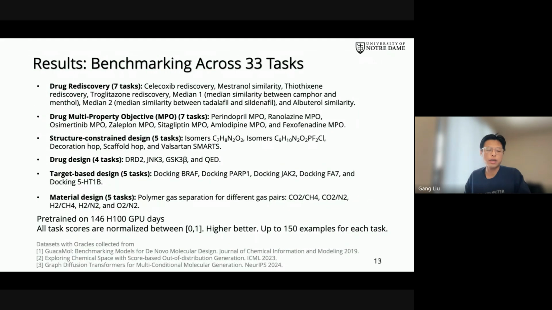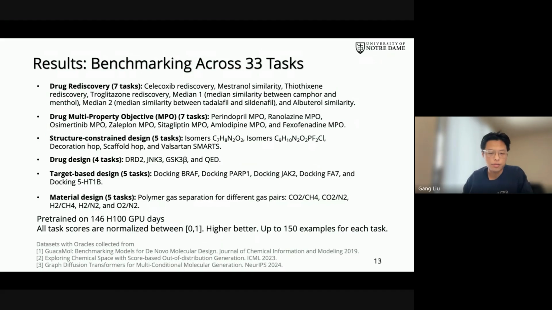Okay, after getting the vocabulary, we can begin to pre-train the models. That's pretty standard. We pre-train the model using around 146 H100 GPU days. Then we evaluate the model across 33 tasks. These tasks include drug rediscovery, drug multi-property objective optimization, structural constraint design, target-based drug design, and material design.